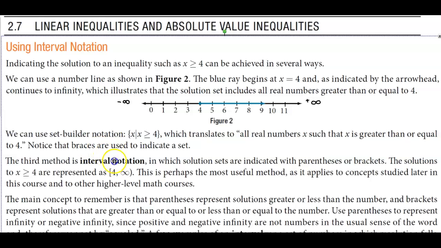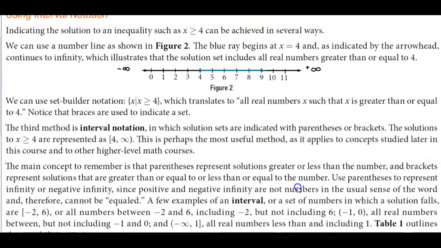Now the third method is interval notation, in which solution sets are indicated with parentheses or brackets. Now the solutions to x is greater than or equal to 4 are represented as bracket 4, comma, infinity. This is perhaps the most useful method, as it applies to concepts studied later in this course and to other higher level math courses.